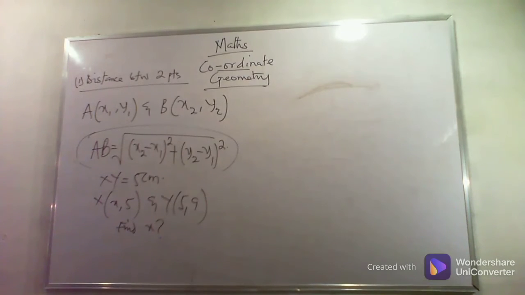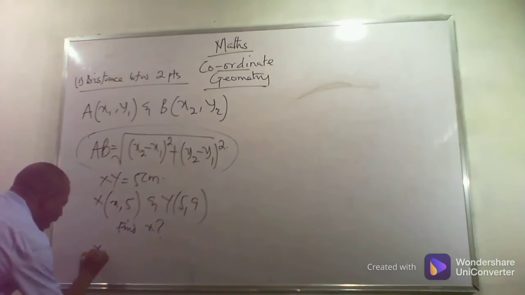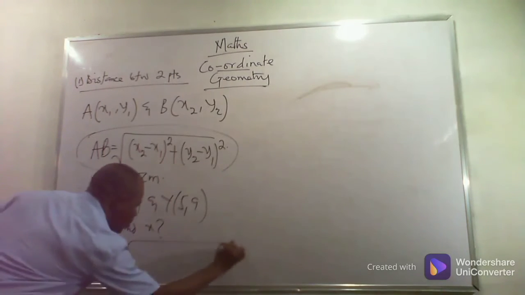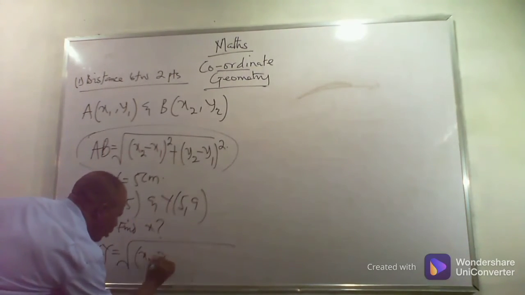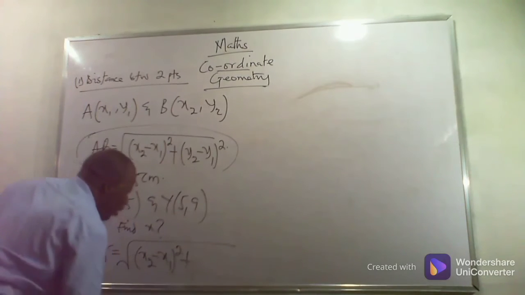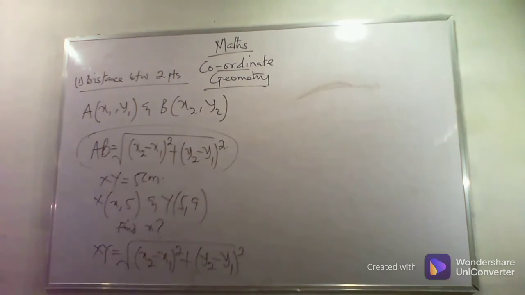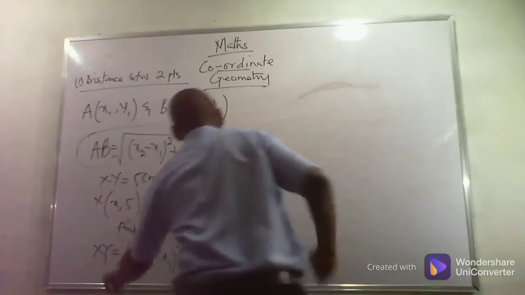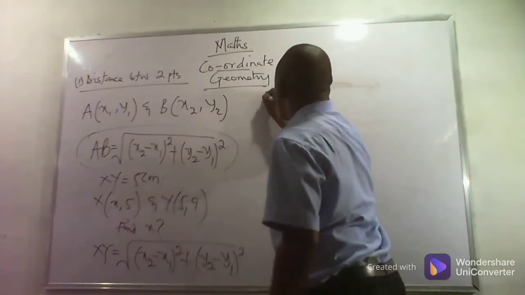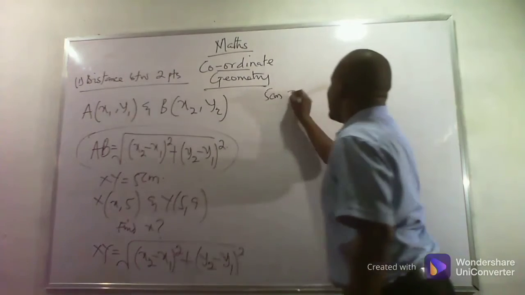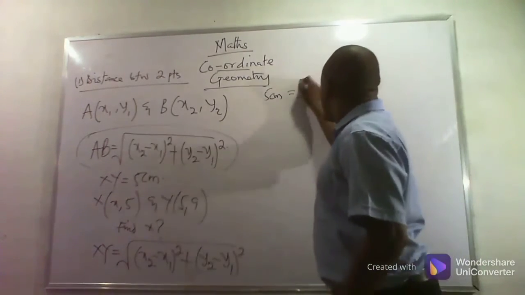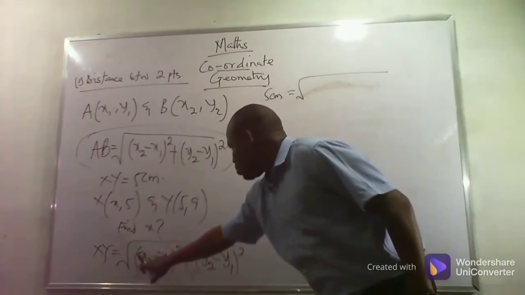Now, how do we solve this? The same way we have been solving it. What is the formula? XY is square root of (x2 minus x1) squared plus (y2 minus y1) squared. So we'll put in the values. XY, according to the question, is 5 centimeters, equals square root of x2.